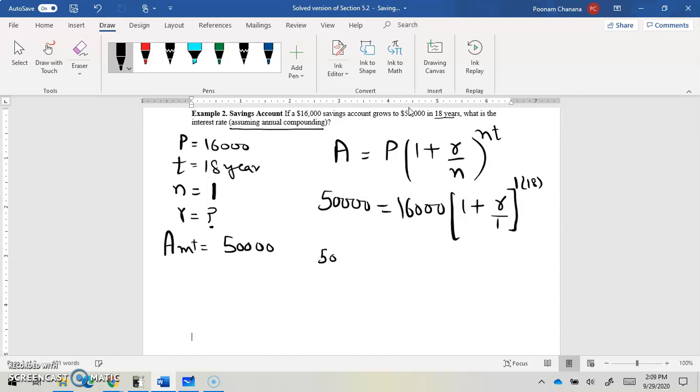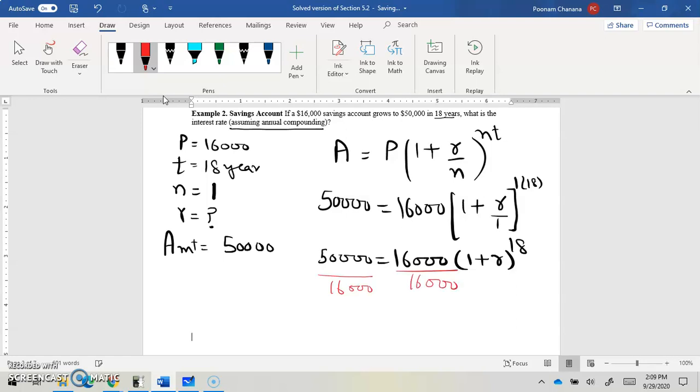So we have 50,000 is equal to 16,000 times (1 plus r) raised to the power 18. So we have to find r. That means we have to isolate r on that side, get rid of everything else. So we can divide both sides by 16,000.